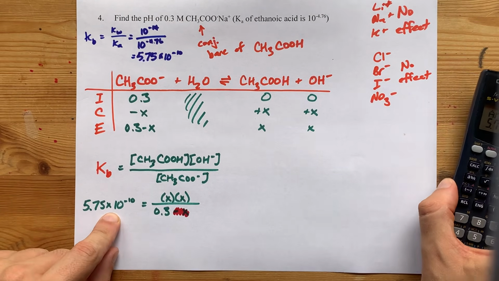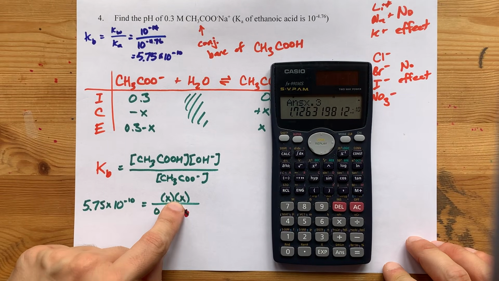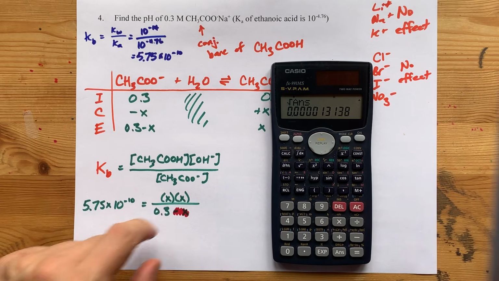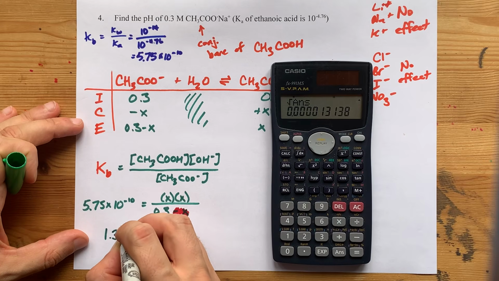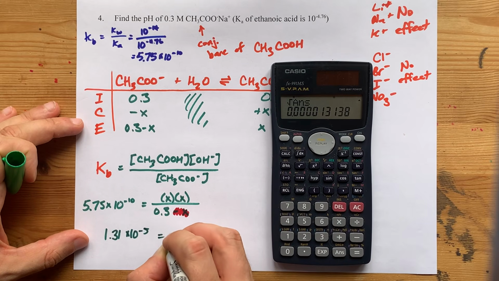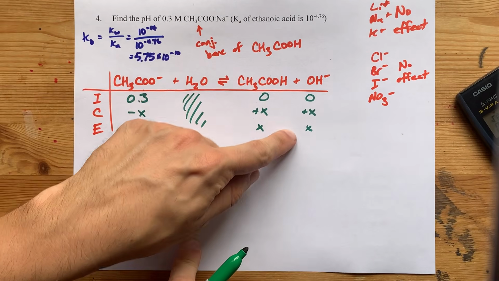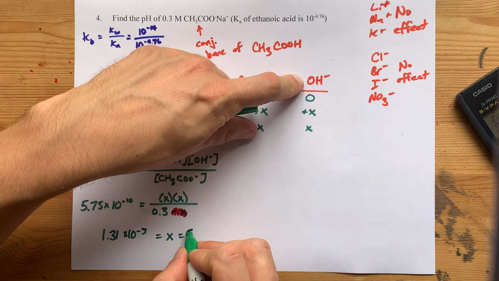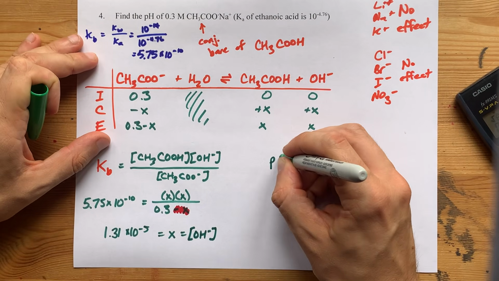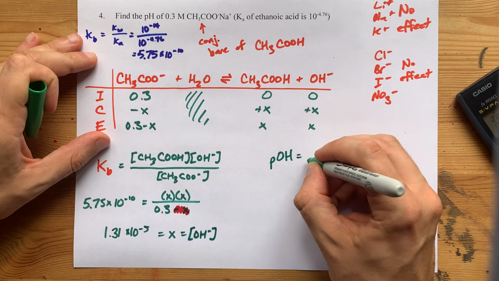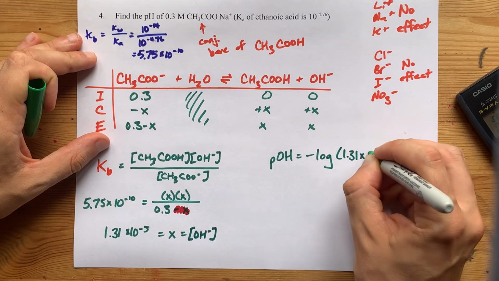You're going to take this number and times it by 0.3, and then you're going to square root it to get x. That gives me an x of 1.31 times 10 to the negative 5. And according to my ice table, x is the concentration of OH-. All right, let's get it. That means the pOH is the negative log of that concentration.